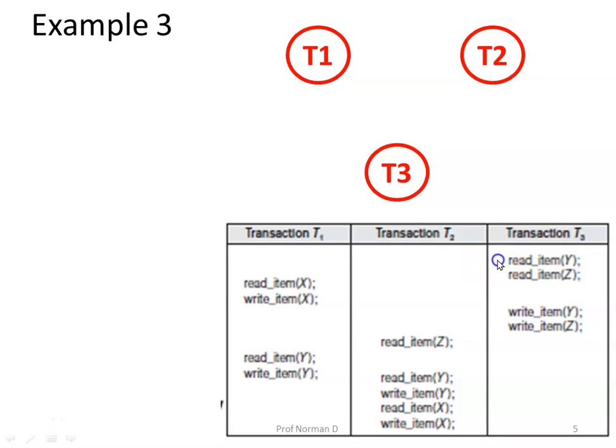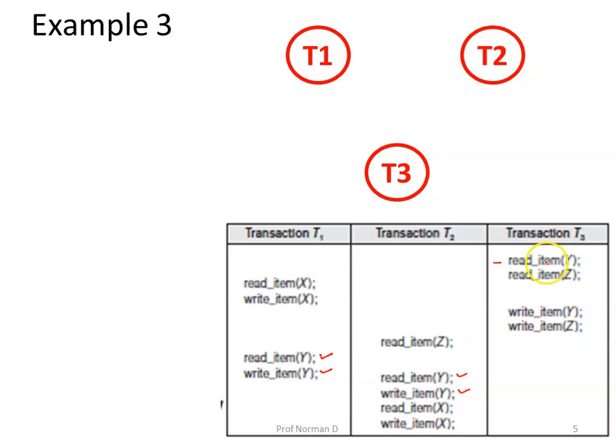So this instruction is having a conflict with this instruction, and here and here. So based on this, we'll draw an edge.